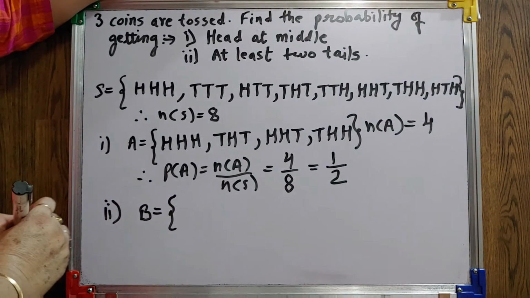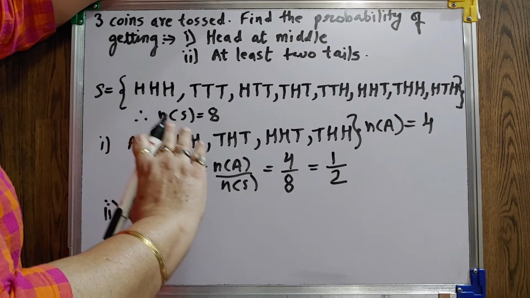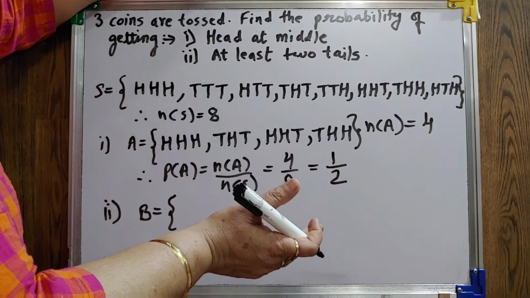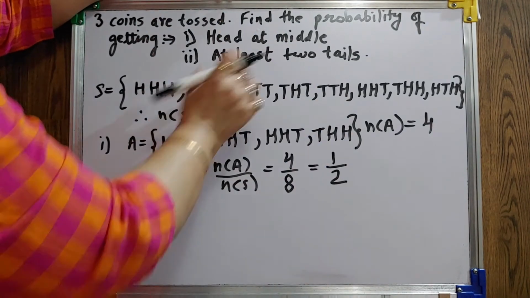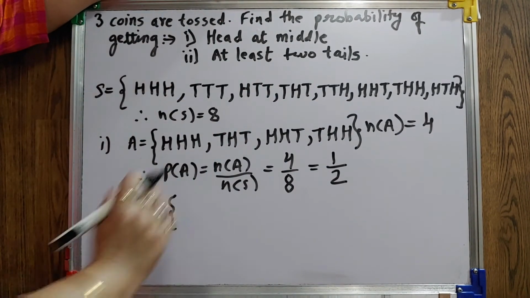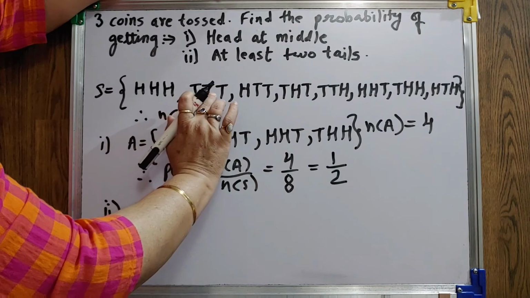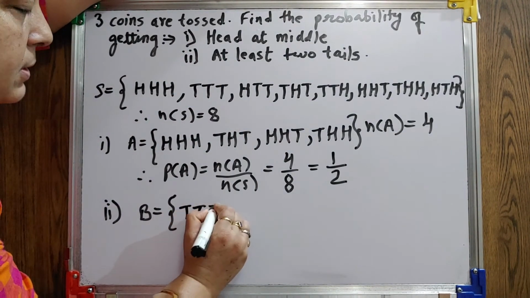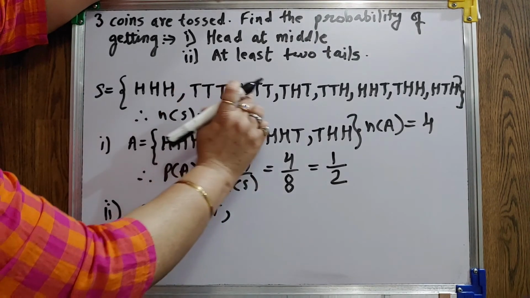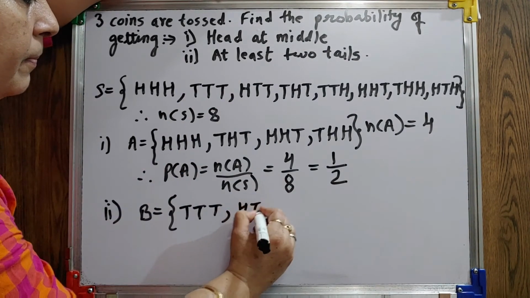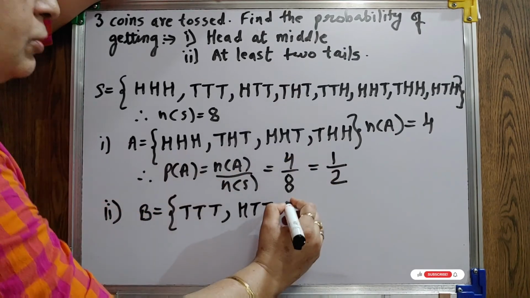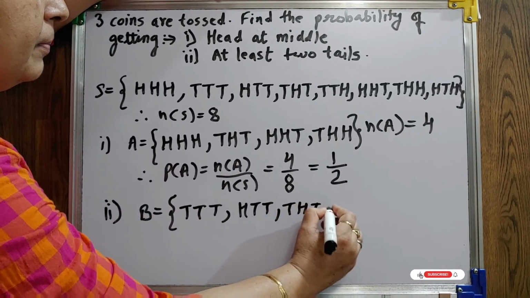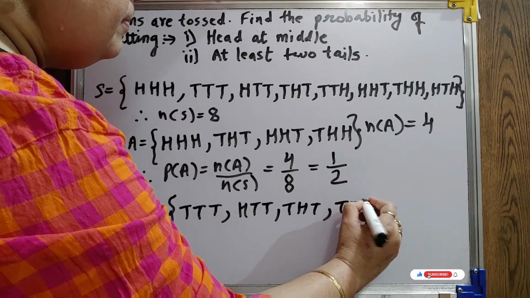Second event, at least 2 tails. Means I have to consider elements with 2 tails as well as more than that, because the at least is given. So 2 tails, 3 tails also I can take because it is at least. This will come, this will come, this will also come, this will.